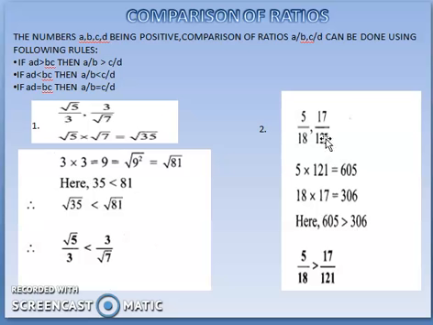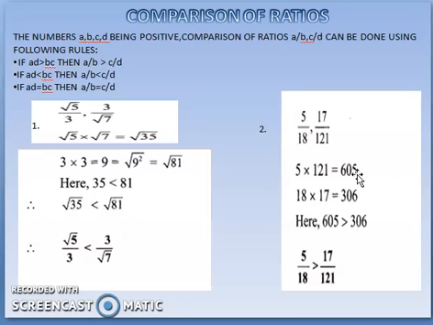One more example. 5 upon 18 and 17 upon 121. So A upon B and C upon D. A multiplied by D: 5 times 121 gives 605. B multiplied by C: 18 times 17 gives 306.